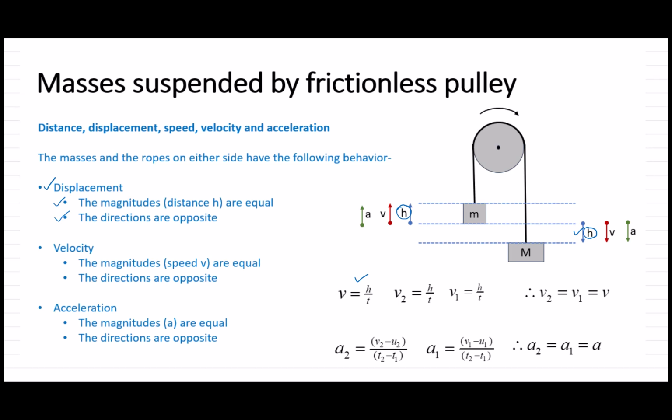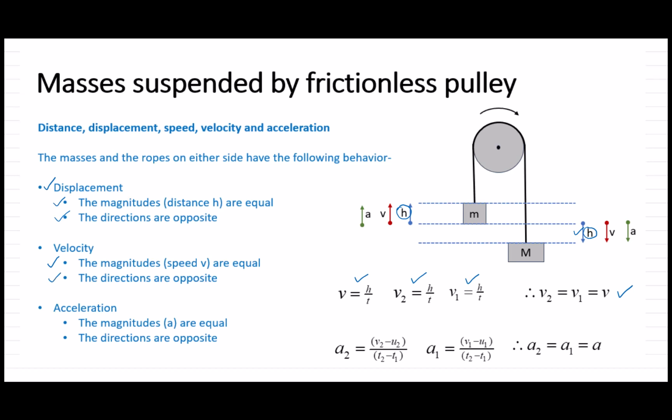Therefore, the speed v2 will be equal to h over t, and speed v1 will also be equal to h over t, and therefore we conclude that the speed on both sides will be equal. From the velocity perspective, the magnitudes of the velocity, which is speed, are equal on both sides, and of course the direction is opposite.